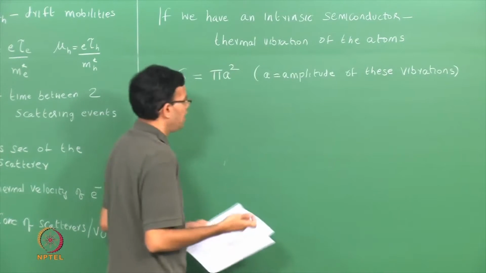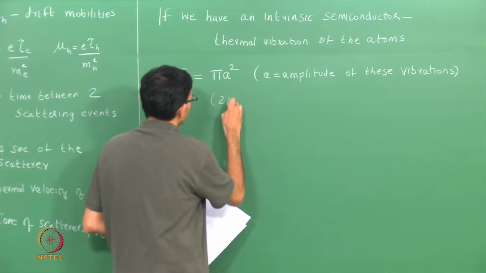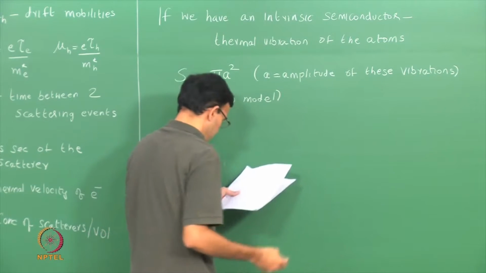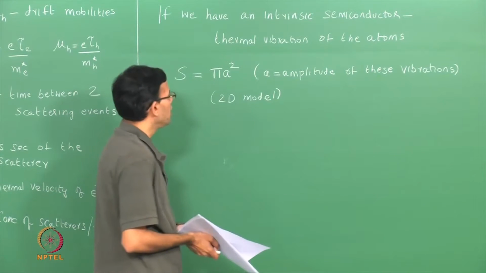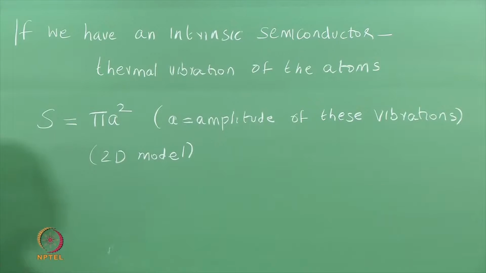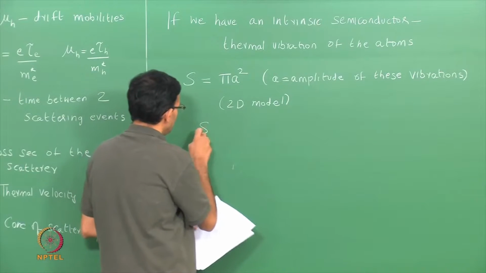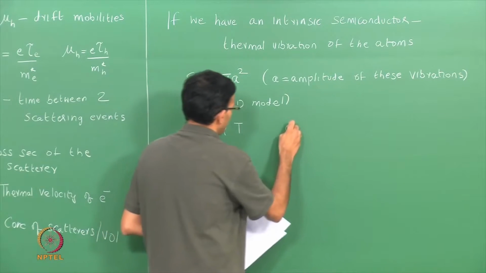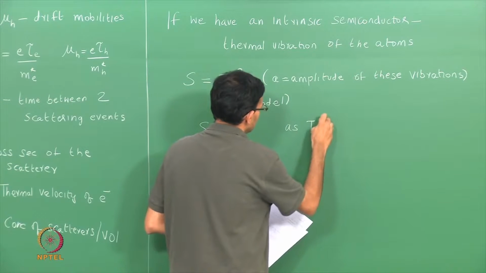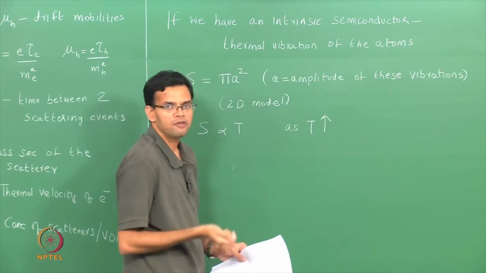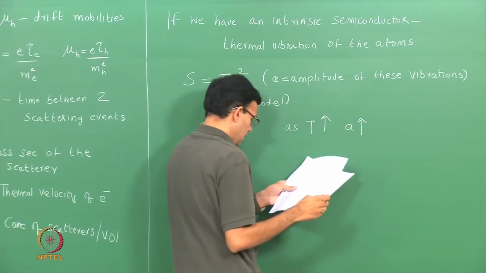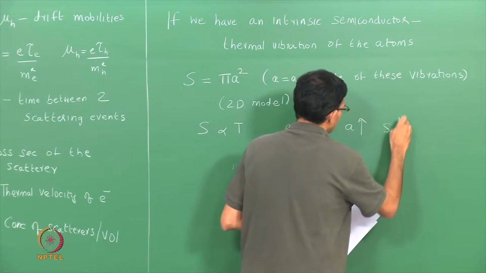So this is in the case of a simple 2D model. We can show that if your scatterers are the thermal vibration of the atoms, then S is proportional to the temperature, which means as temperature increases, the amplitude of the vibrations increases. So a increases, and correspondingly S will also increase.